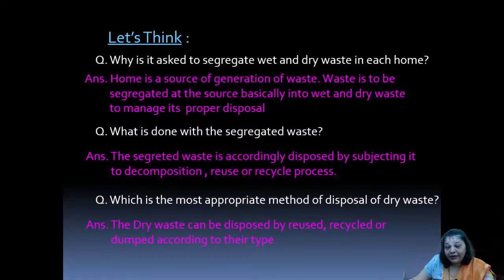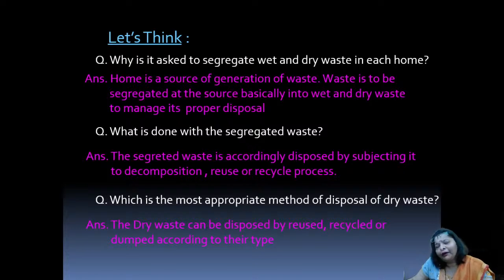Now dry waste may contain glass, metallic substances, or even plastic, paper. So all these materials that are classified under dry waste can be disposed by either reusing it or recycling it or dumping it.